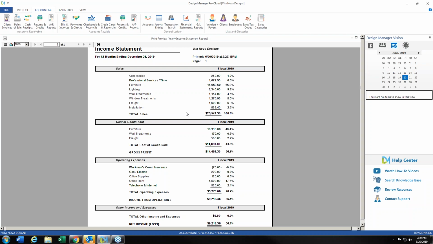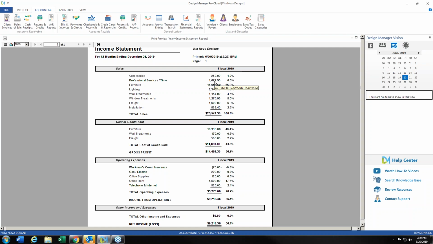The thing I like about Design Manager is that you can see that it will break down different things, and it's all about how you're setting up your invoices. But you can see that out of the total sales for the year, $260 came from accessories, $1,672.50 comes from your professional service or your time. You can also see each line item as a percentage of your total income.